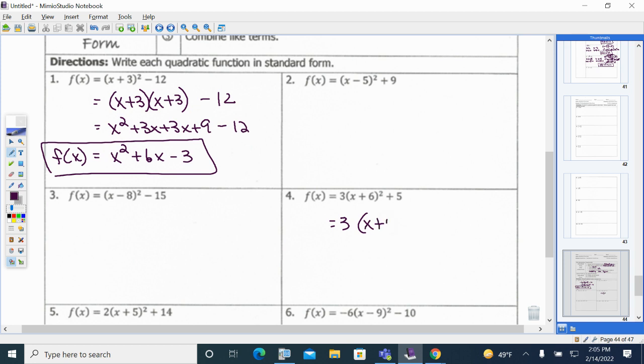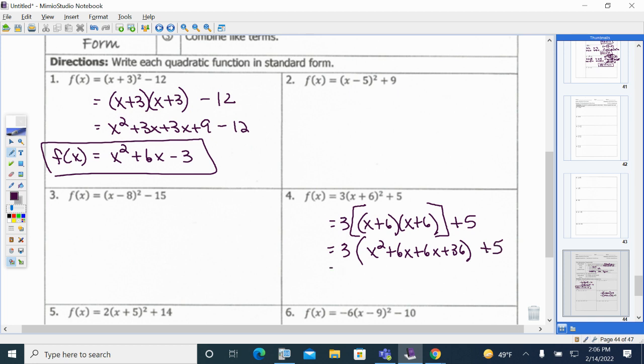You could distribute the 3 to that first parentheses, but I don't want to confuse you, so I'll stick with the exponent first and multiply x plus 6 times the other x plus 6. Leaving the 3 alone, I get x squared plus 6x plus 6x plus 36.